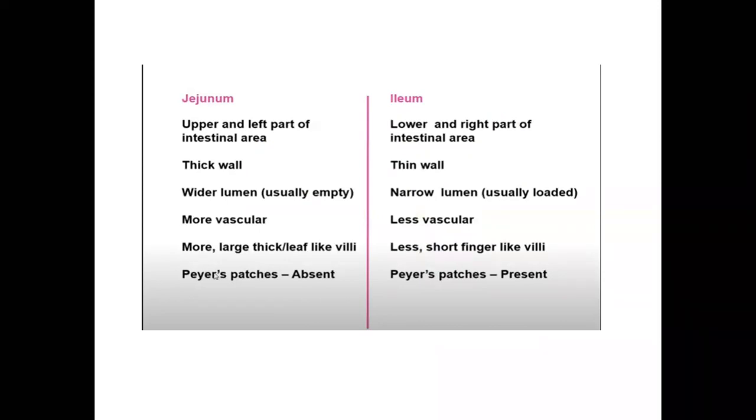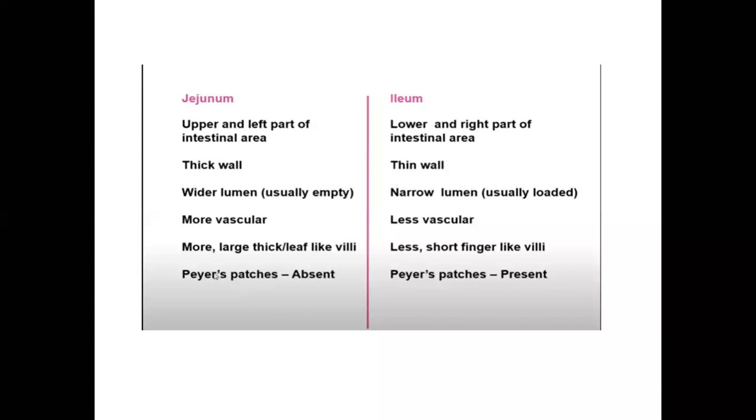Jejunum, as I told you before, has a thick wall, while the ileum has a thin wall. The lumen of the jejunum is wider and thick, but it is empty, while the lumen of the ileum is narrow and it is loaded.